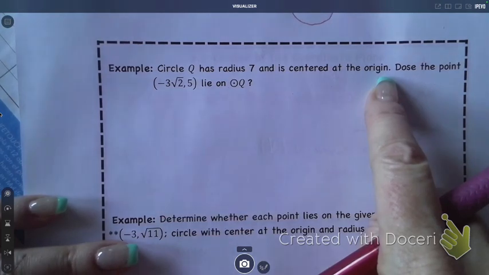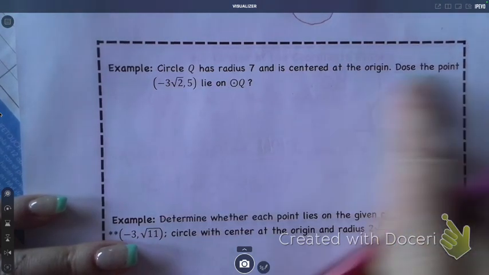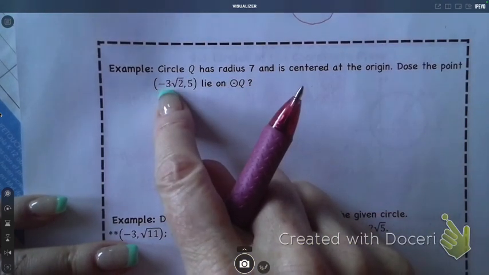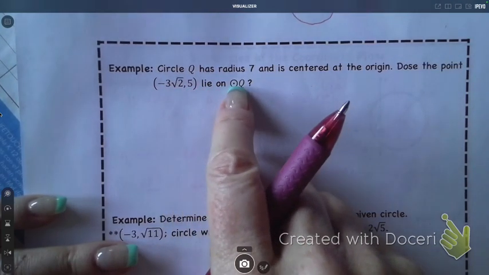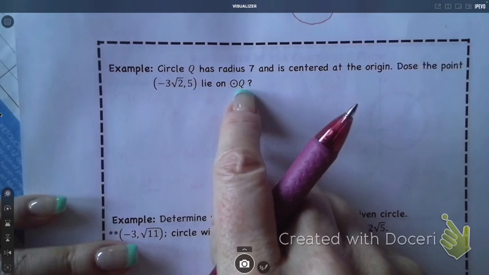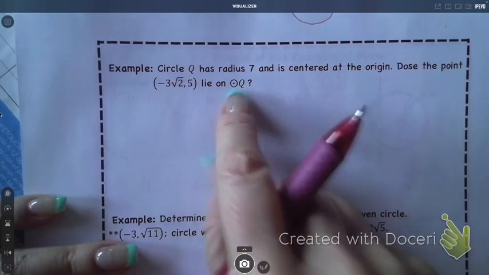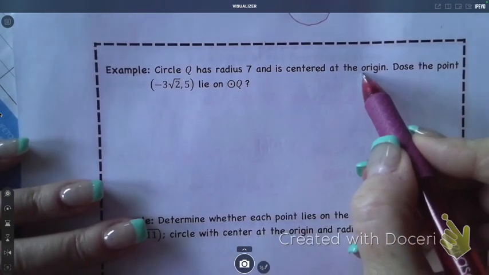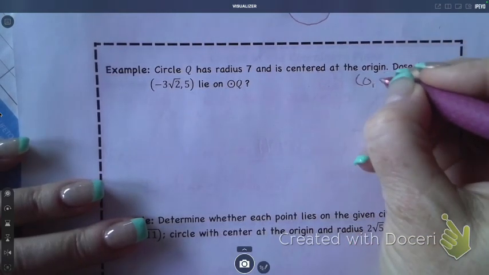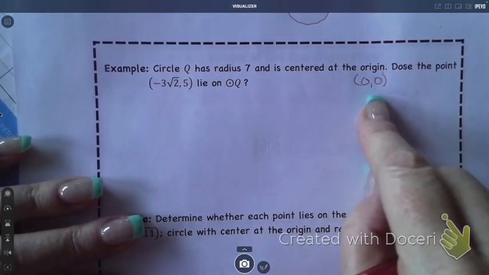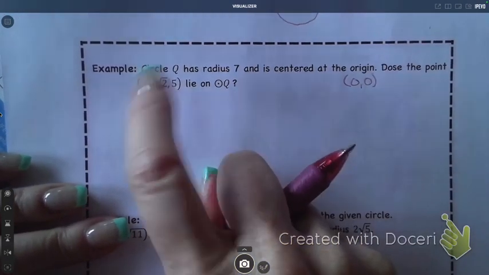Does the point -3 square root of 2, 5 lie on, what's that say? Circle Q. Oh, I should have just shown you that, right? Okay, so if it's the origin, that's my h, k, what is it? 0, 0. So I probably need to write an equation and then check if this works, right?